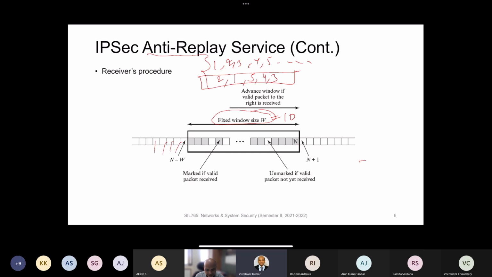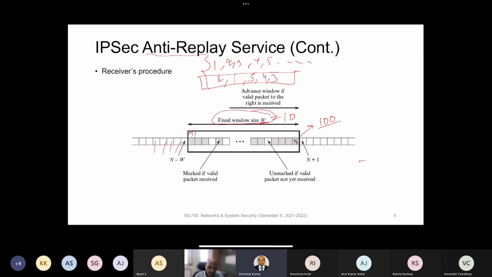Let's say that this n is some number, let's say 100. If you have set the window size as W, your window contains packets from 91 to 100. That is the window covering these packets, packet numbers 91 to 100. So what will happen with this window size?